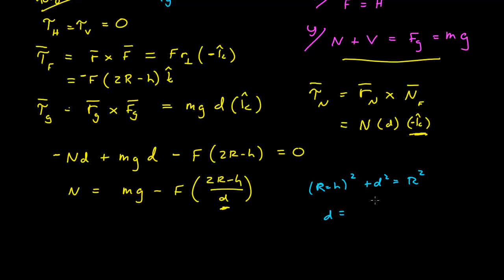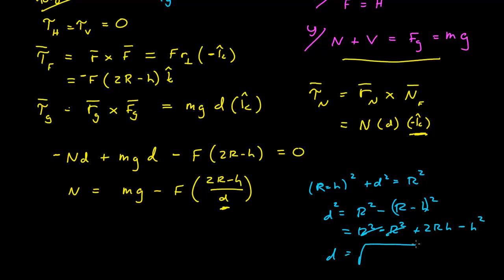Or d squared is equal to r squared minus r minus h quantity squared. So that's r squared minus r squared plus 2rh minus h squared.